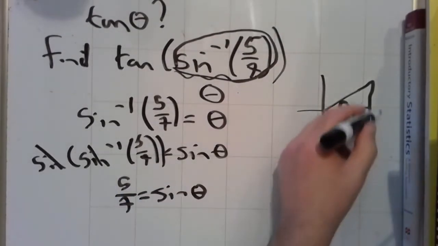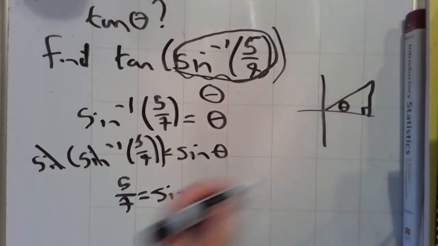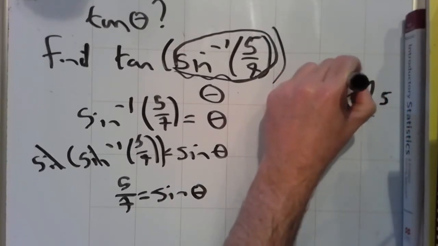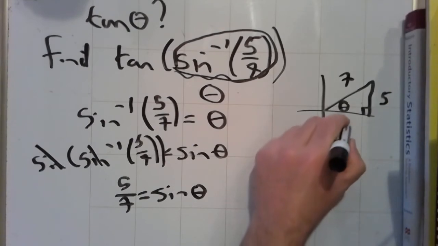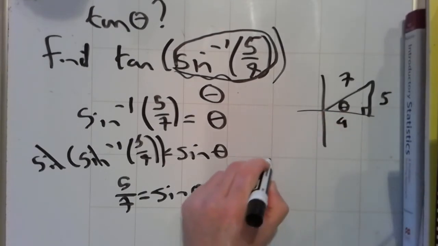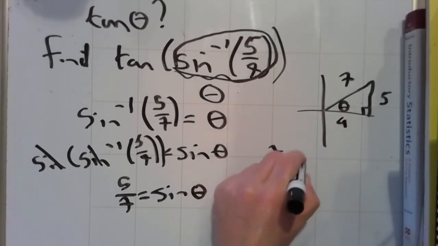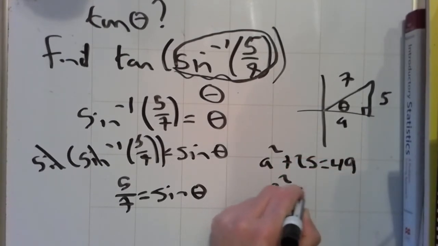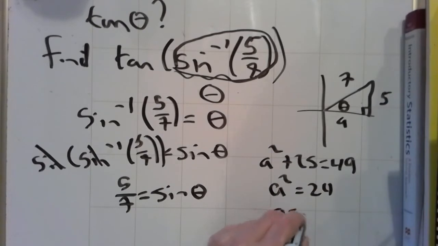So let's fill in our triangle and find tangent. Sine is opposite over hypotenuse. Let's find the third side. Let's call it A here. So A squared plus 25 should be 49. A squared then will be 24. So A is the square root of 24.